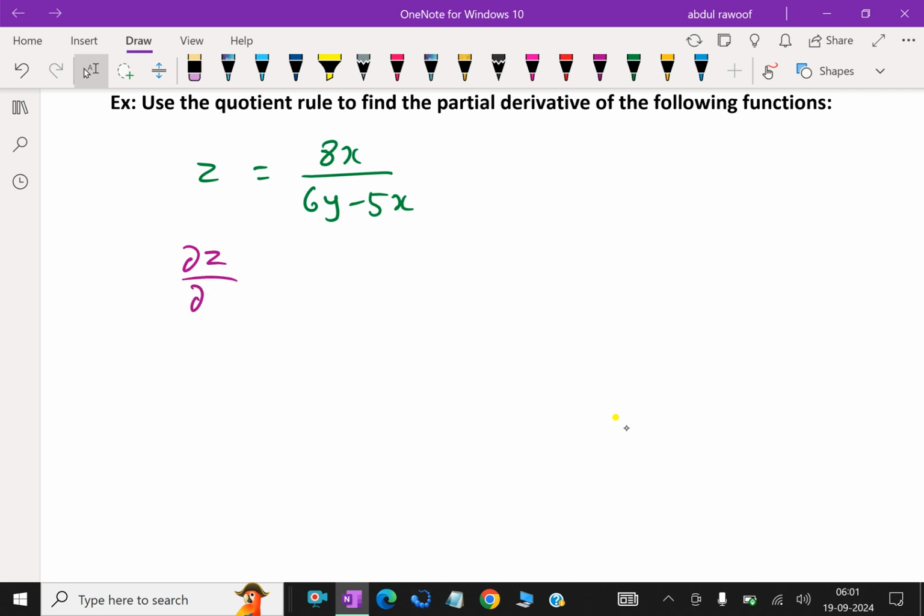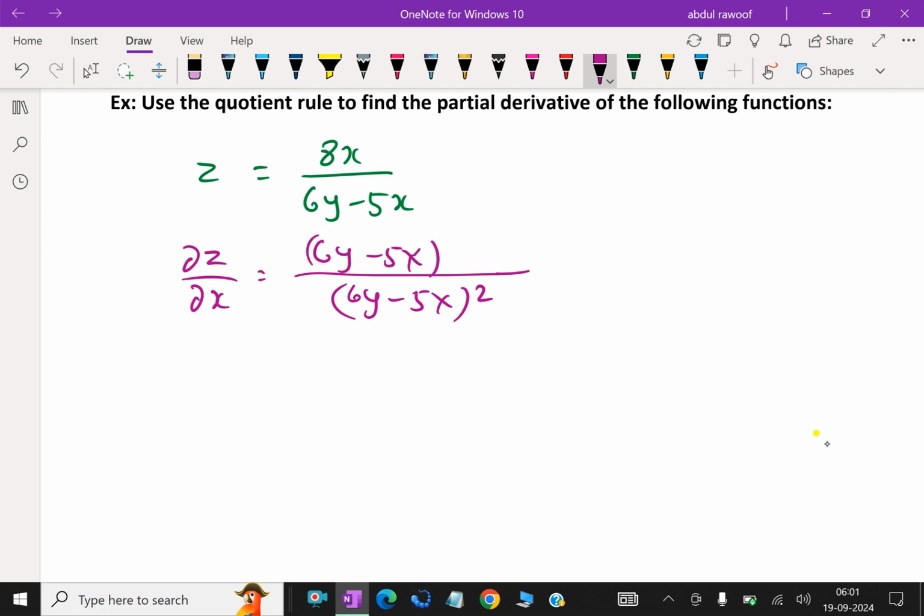First, dou z by dou x. That means partial derivative of z with respect to x. Quotient rule is first denominator square, that is 6y minus 5x the square. Then that will come here 6y minus 5x, that is v, into du.